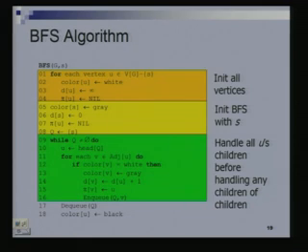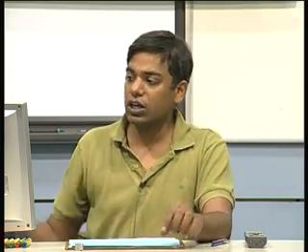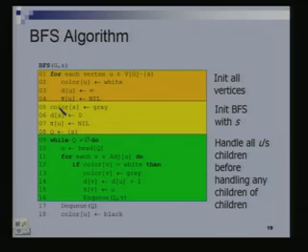For every vertex there is an array entry. So let us say white is 0. So just assign 0 to all the entries in the array. Each of these, color, d and pi, will have to be separate arrays indexed by the vertices. So we are just assigning that.